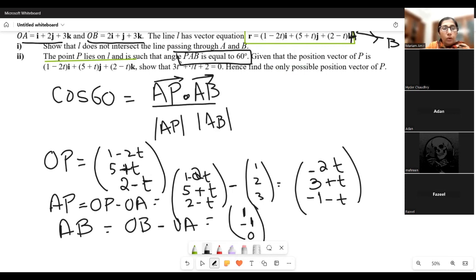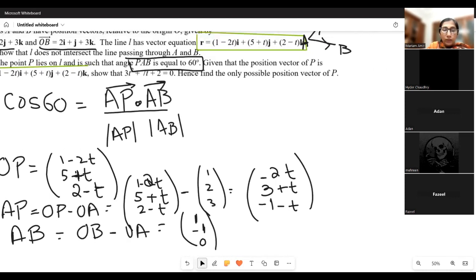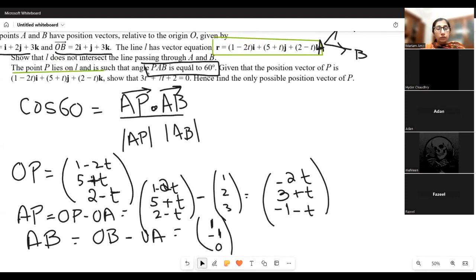So AB would be OB minus OA, which I've done directly: 1, minus 1, and 0. Yes, okay.